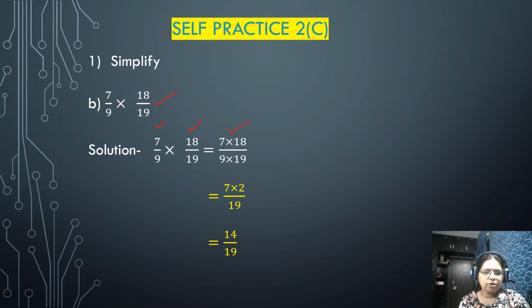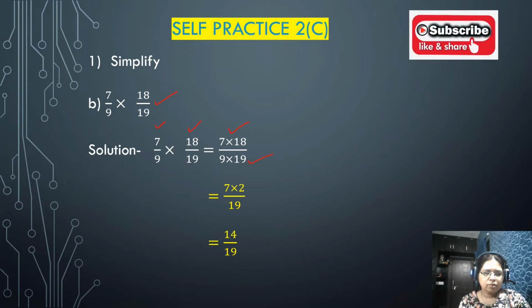The denominator of the first fraction is 9 and of the second is 19, so multiplying the denominators is 9 multiplied with 19. So we get 7 multiplied with 18 divided by 9 multiplied with 19.